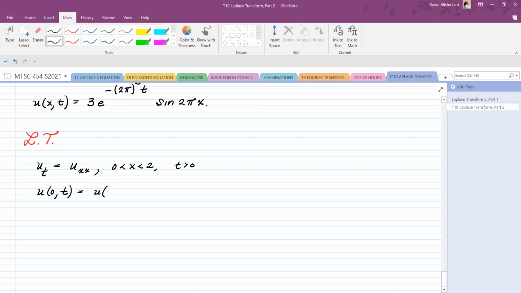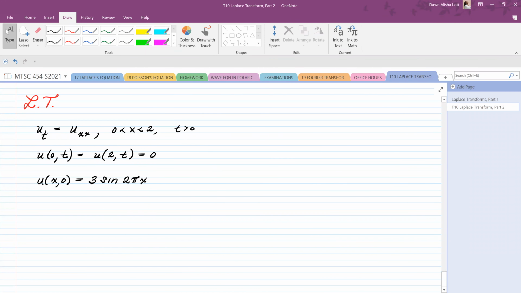U of 0 and t is equal to 0, u of 2 and t is equal to 0, and u of x and 0 is 3 times the sine of 2 pi x. Okay, this is actually fun, doing this problem with the Laplace transform.